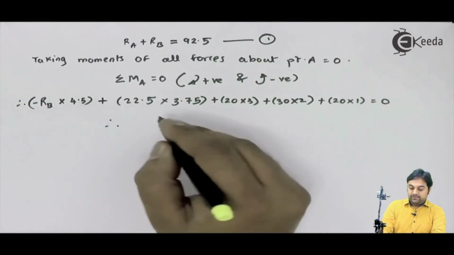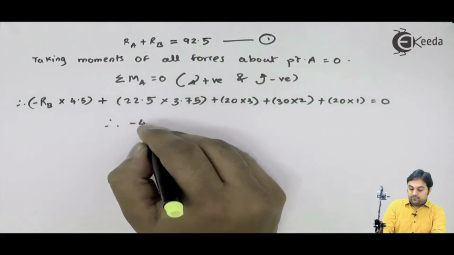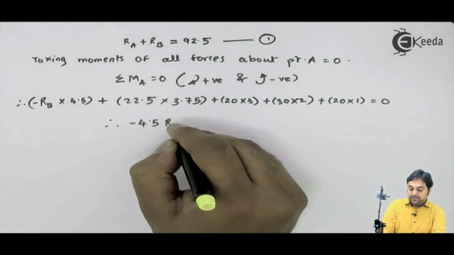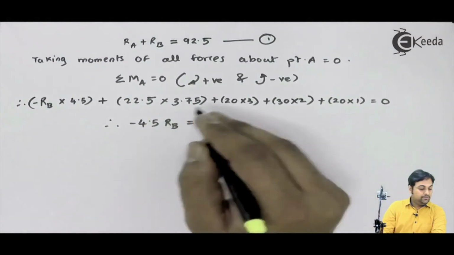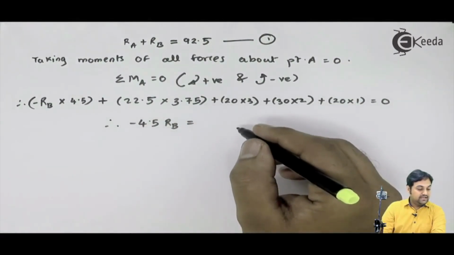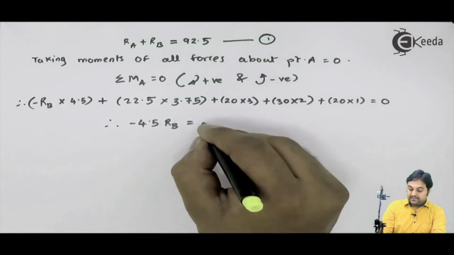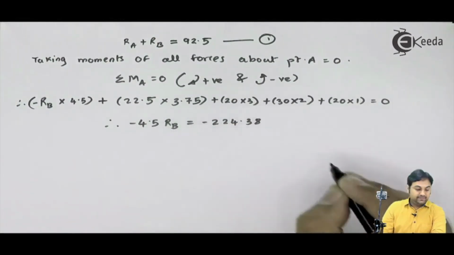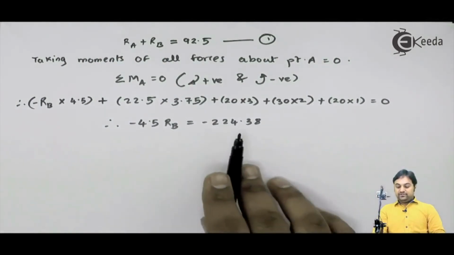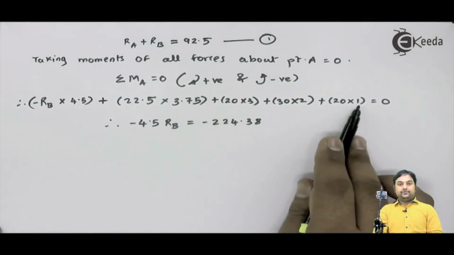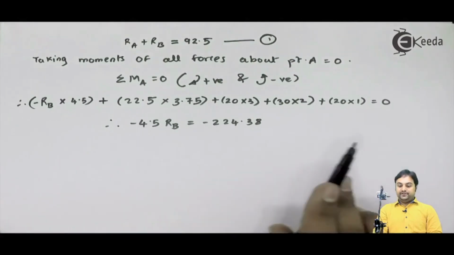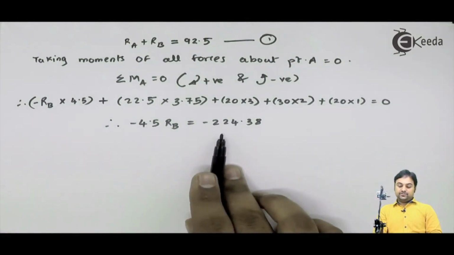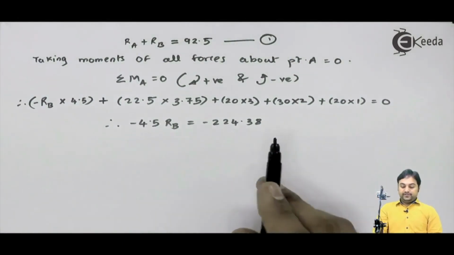Hence, here we have minus 4.5 RB is equal to minus 224.38. I have calculated all these values and shifted it onto the other side. So I am getting it as minus 224.38.